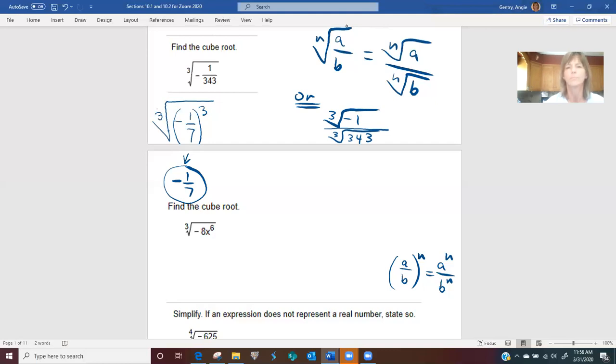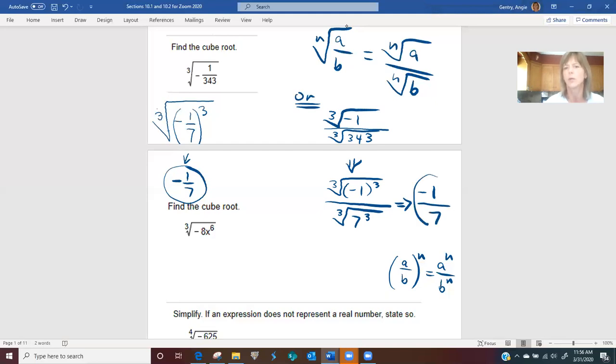It could be written as -1 times -1 times -1 is -1. And then we have the cube root of 7 cubed. Out of this one, the -1 comes out, and out of this one, the 7 comes out.